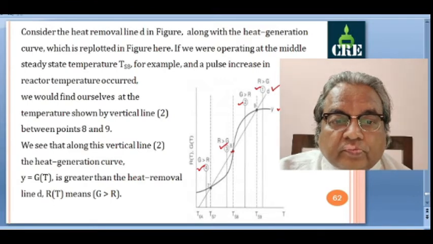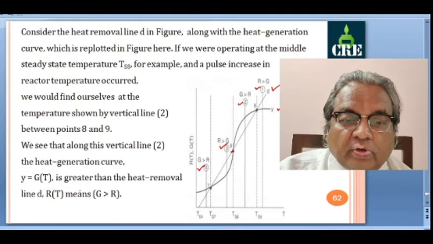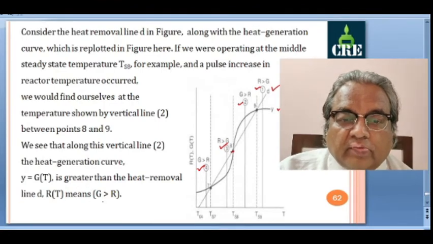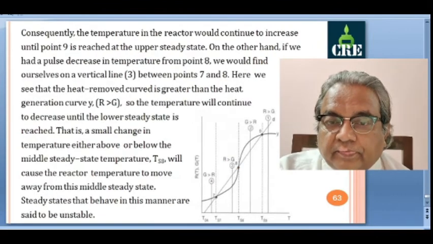Vertical line 2. We see that along this vertical line 2, the heat generation term or curve is greater than the heat removal term or curve, meaning G greater than R.